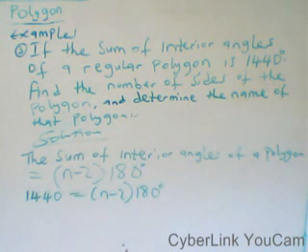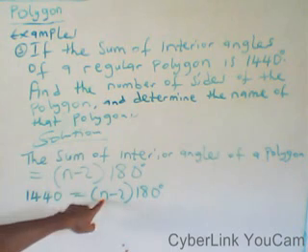Then if that is the case, we are going to expand by opening the brackets. We are going to expand by opening the bracket because we want to determine the value of n.